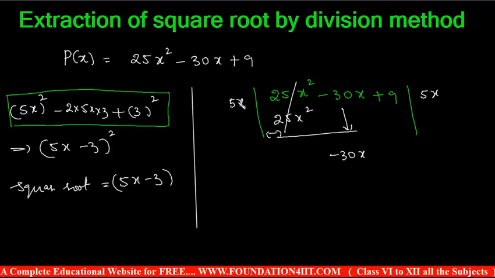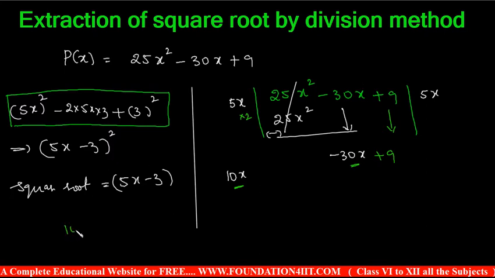Now this 5x, whatever it is, you should double. So 5x into 2 is 10x. Whatever the number, you just multiply by 2 and write 10x. Now with this 10x you check the next term, plus 9. 10x into dash is minus 30x.